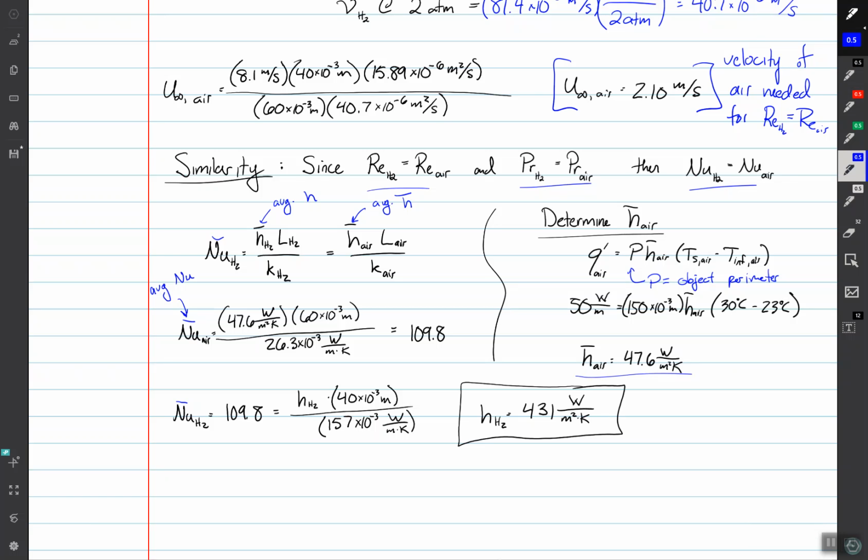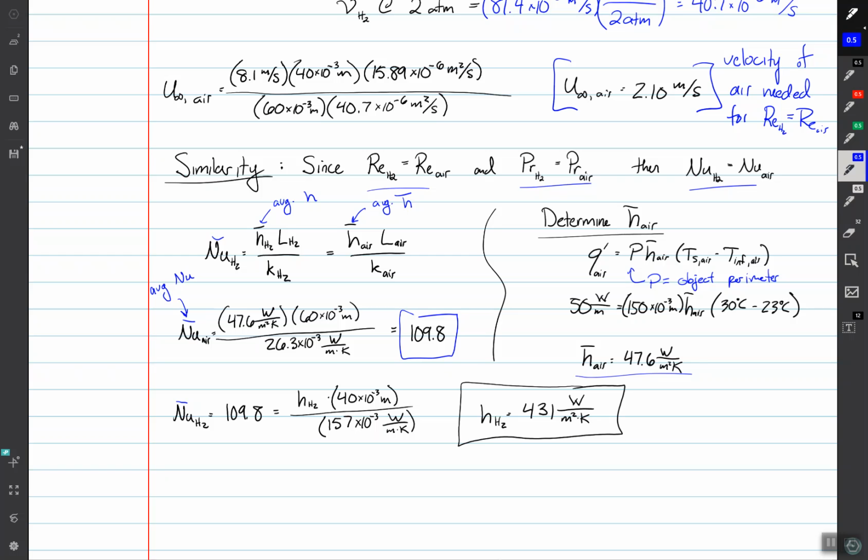The good thing is, since the two systems are similar, we'll calculate over here the Nusselt number of air, hL over k. That gives us this unitless number, 109.8. That's the Nusselt number. Because the Reynolds numbers are the same and the Prandtl numbers are the same, the Nusselt numbers are the same. So the Nusselt number of hydrogen must also be 109.8.